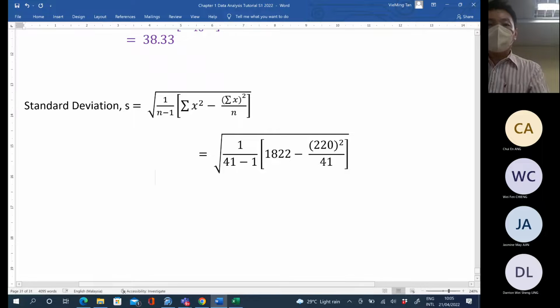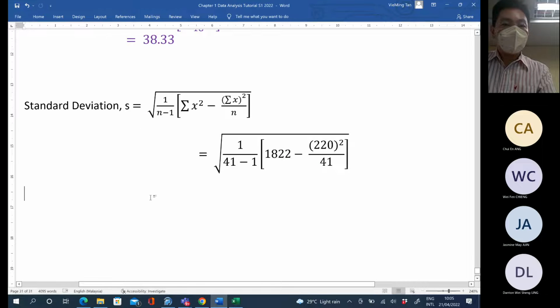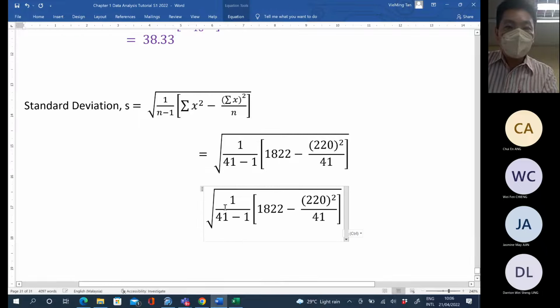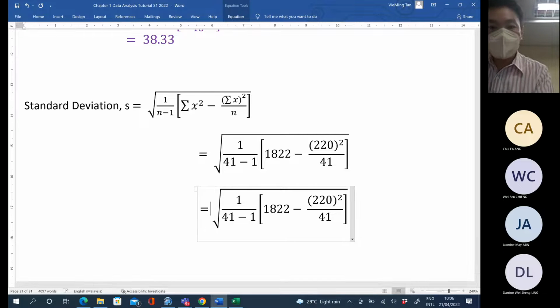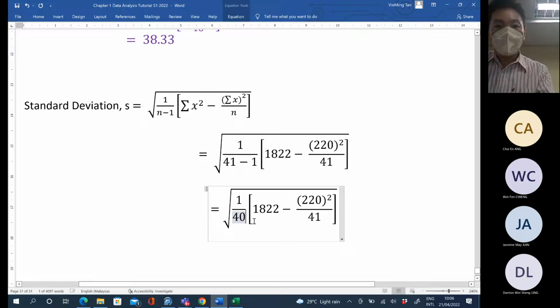So next step is to simplify this equation. 41 minus 1 is 40. 1822, I'll just leave it there, and then simplify this part.